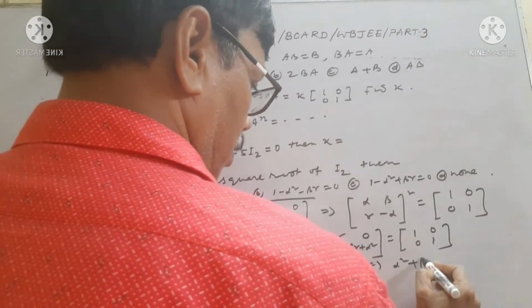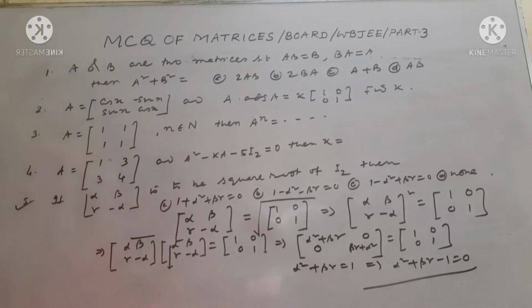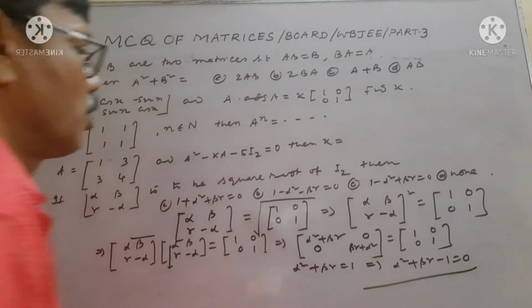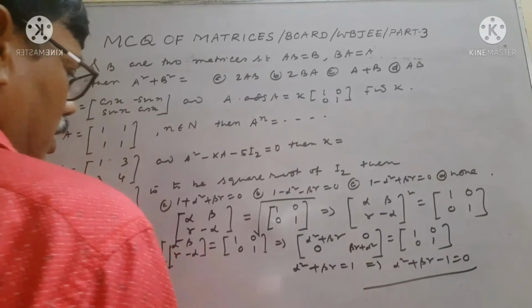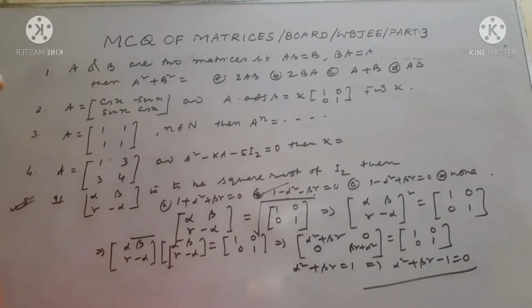So alpha square plus beta gamma minus 1 equals 0. Very simple problem, operation of matrices.